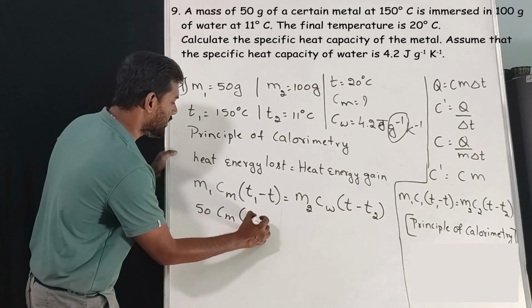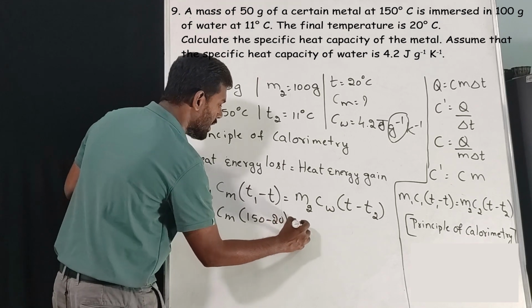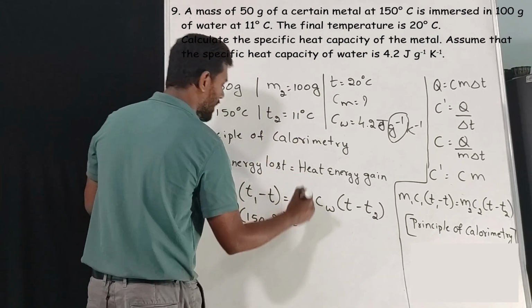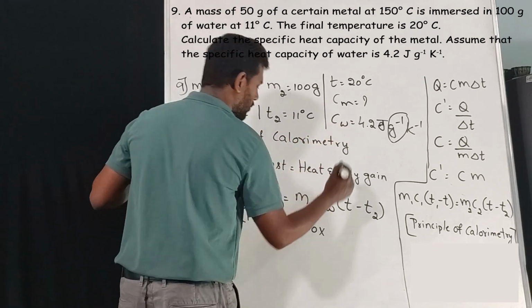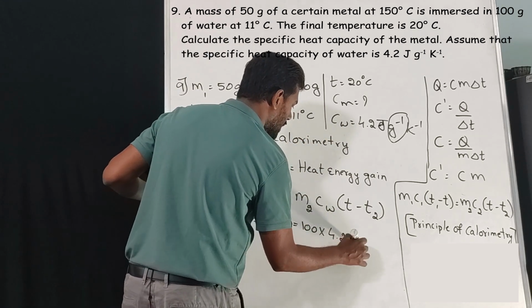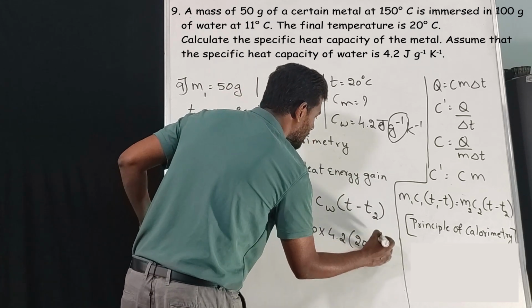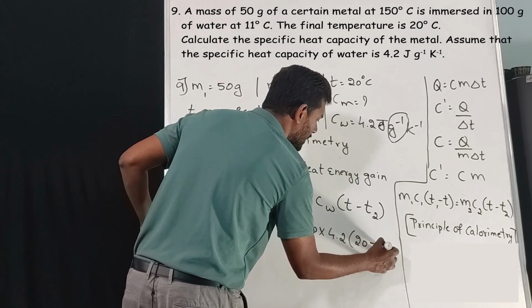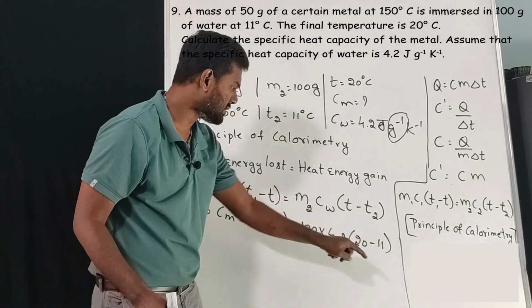T1, that is 150, minus T is 20. M2 is 100. Cw is 4.2 and T is 20 minus T2, that is 11.